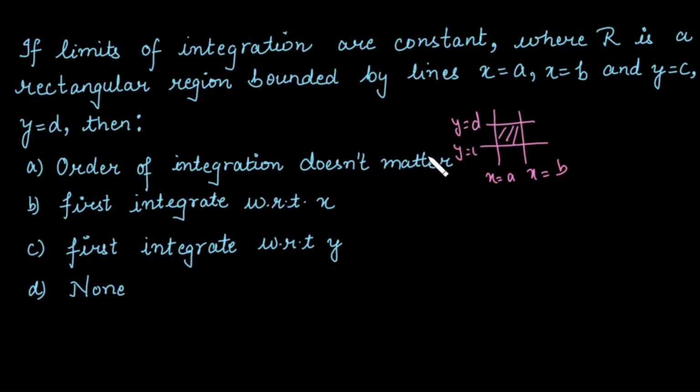So rectangular means we are having a constant limit, not for the triangle but for the rectangle. Then in that case order of integration does not matter. तो ये हमने एक प्रॉपर्टी की थी, तो उस केस में आप डायरेक्टली स्विच कर सकते हो डबल इंटीग्रेशन, first with respect to x, then with respect to y, और with respect to y first, then with respect to x.